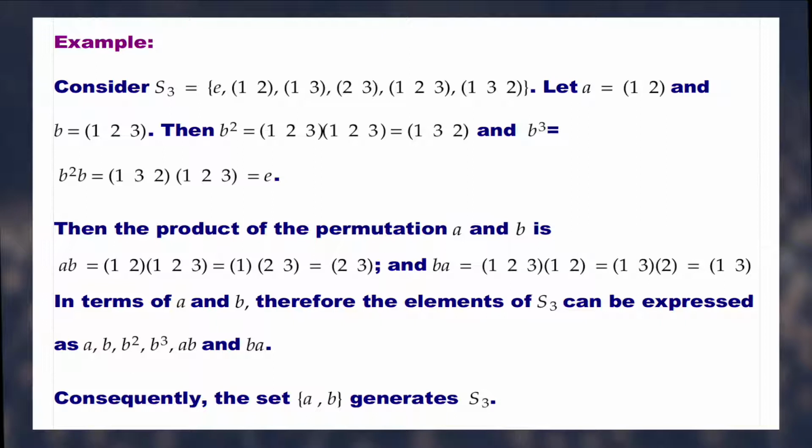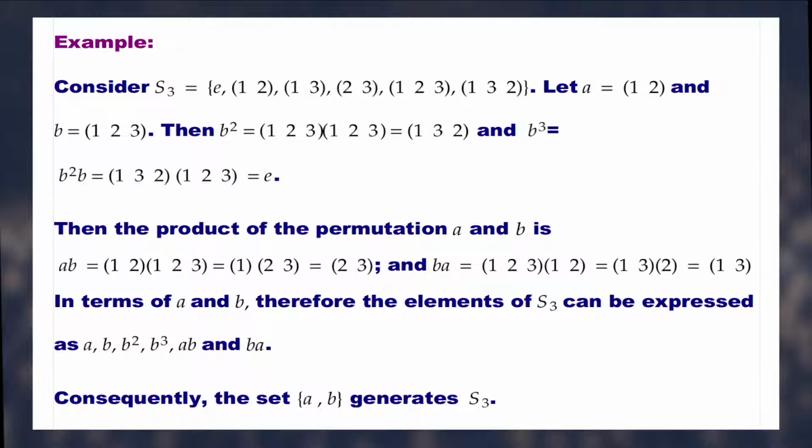Then the product of the permutations A and B is AB, equal to (1 2) times (1 2 3), which is (1)(2 3), equal to (2 3). Now we will find BA, equal to (1 2 3) times (1 2), which is (1 3)(2), equal to (1 3).